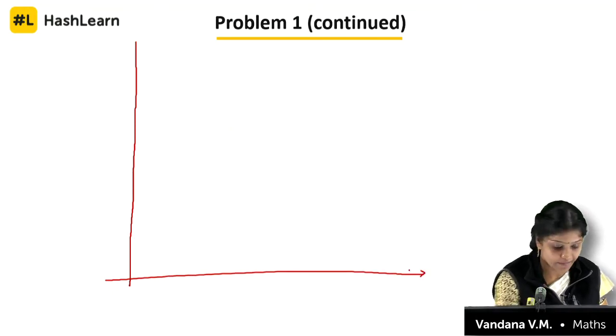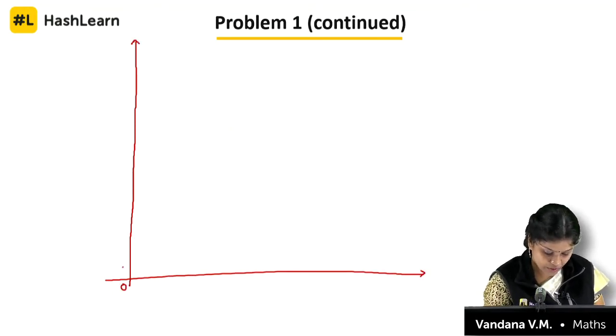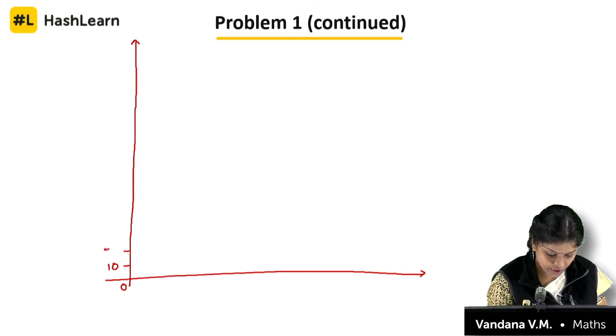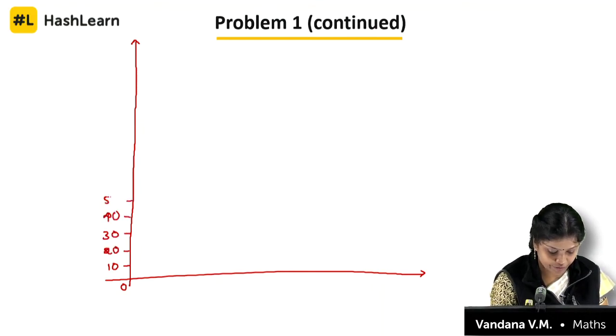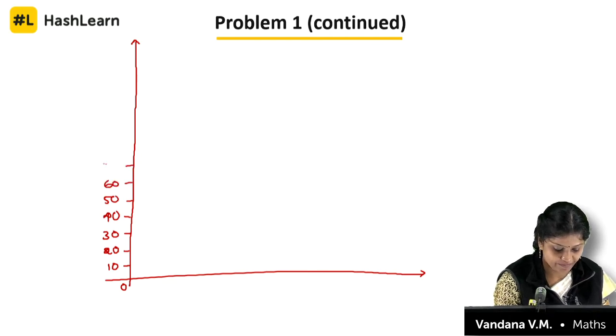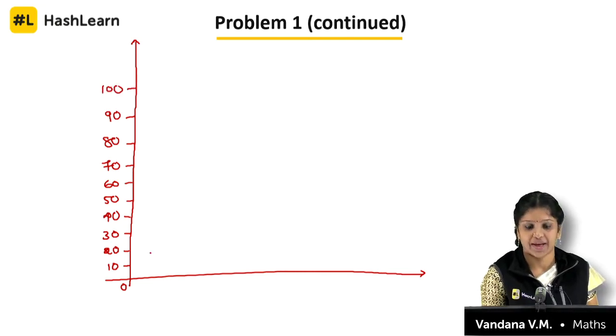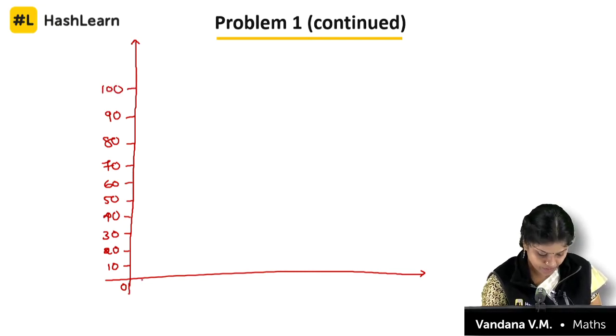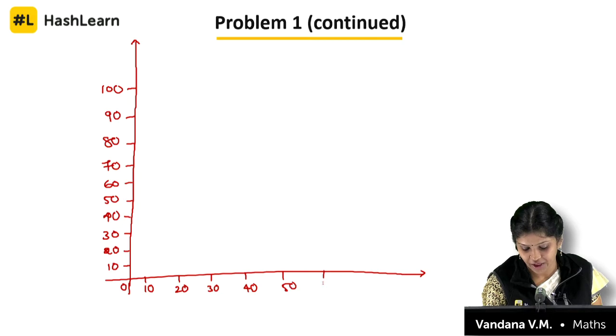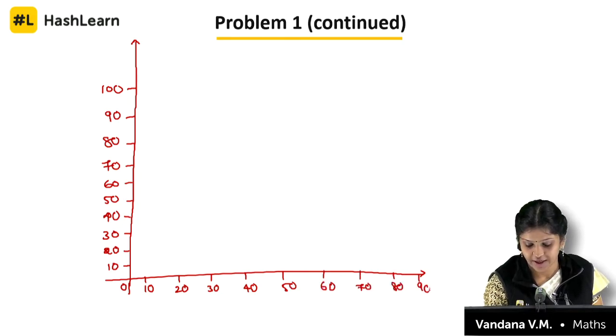So till 90. So let me take 0, 10, 20, 30, 40, 50, 60, 70, 80, 90, 100. Enough, because 90 is the maximum number. 10, 20, 30, 40, 50, 60, 70, 80, 90.